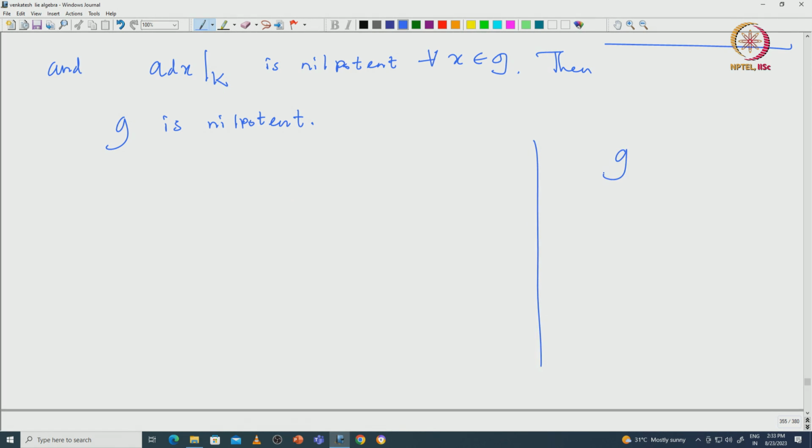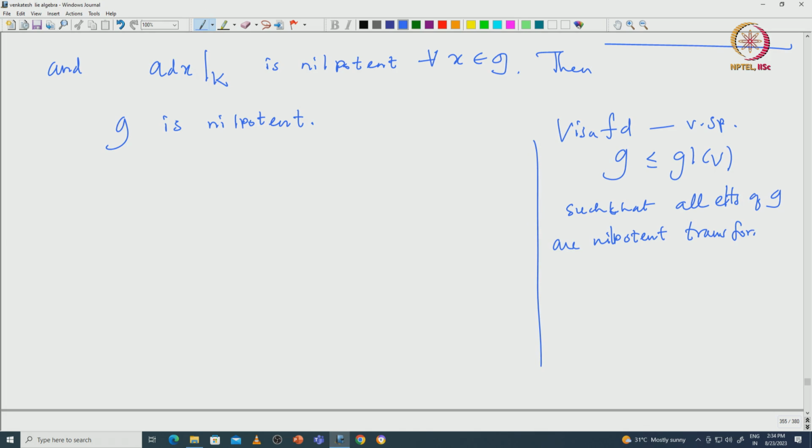If you know that G is a subalgebra of GL(V) consisting of nilpotent transformations, where V is a finite dimensional vector space, then we proved that G must be nilpotent as a Lie algebra.